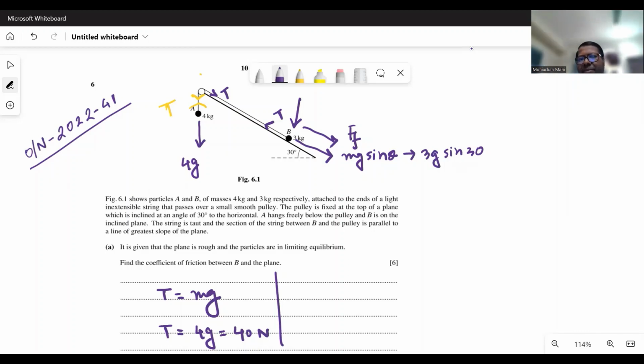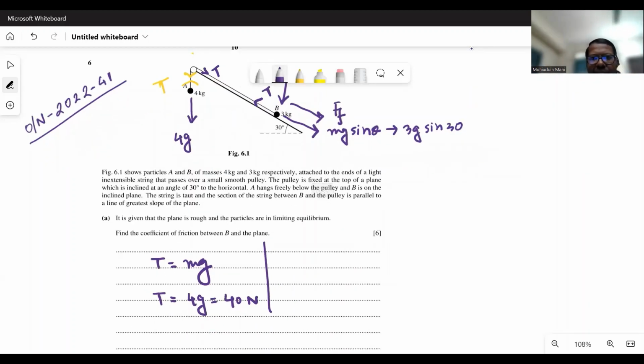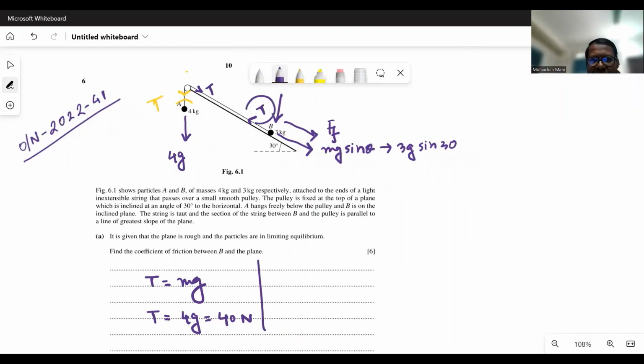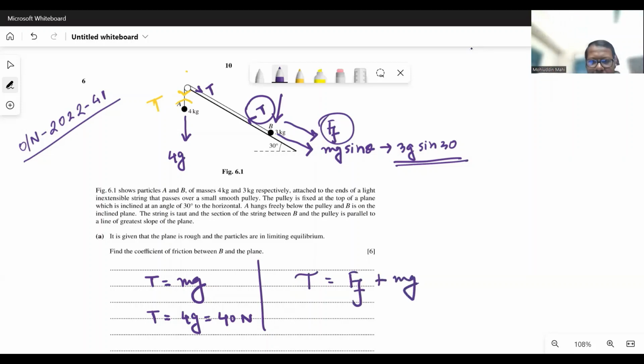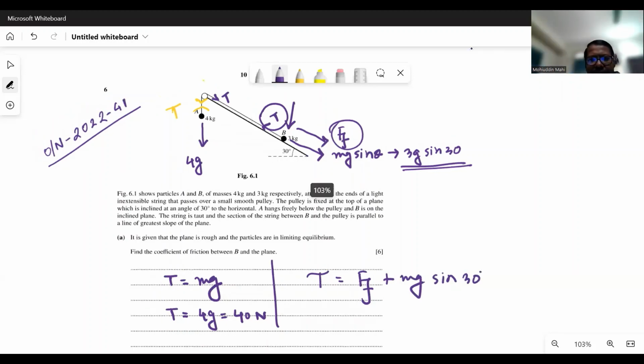Let's consider object B. In case of B, that tension is balanced out by the component of weight and also frictional force. T equals frictional force plus mg sine 30.